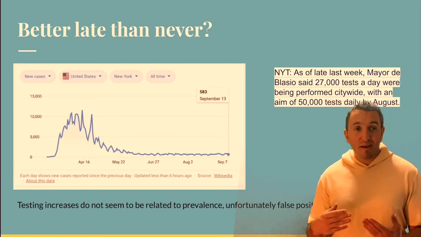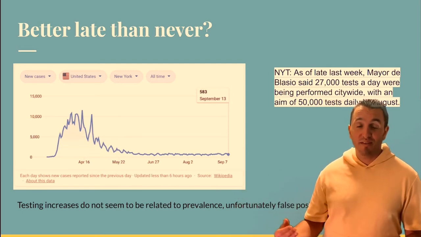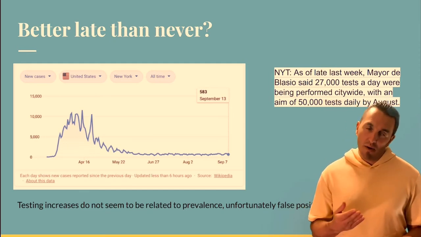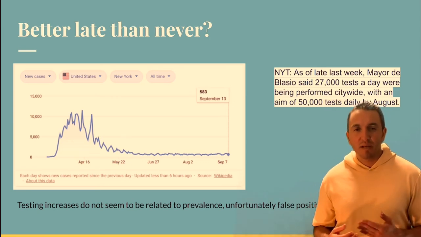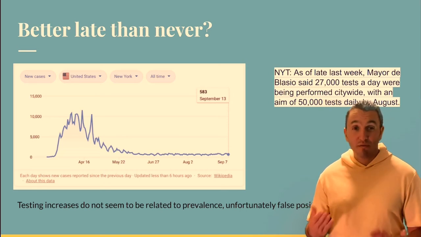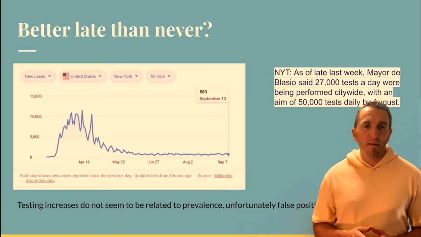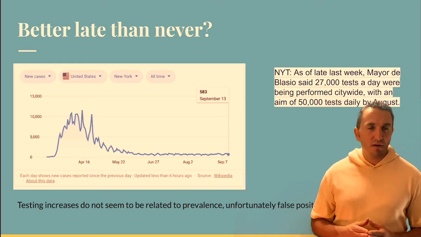And we're not adapting to that, because we make a promise that in August we're going to be testing 50,000 people a day, doubling it. As we can see by looking at this, as prevalence drops, spending more money to test more people will actually give us more false positives, which might not be the goal, though there's some argument that maybe more tests are better.